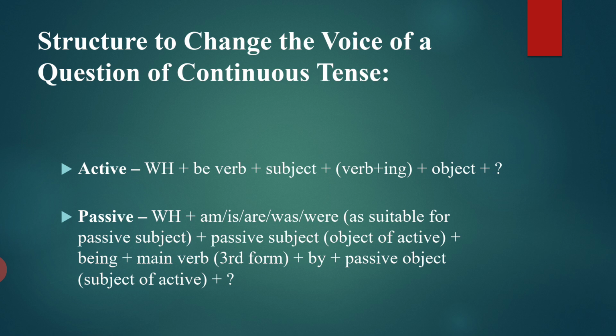In passive: WH question plus be verb, that is am, is, are, was, were, as suitable for your passive subject. Then passive subject, means the object of the active sentence, plus being, because it's a continuous tense, so you have to use being, plus main verb, third form, plus by, plus passive object, means the subject of active, and interrogative mark.